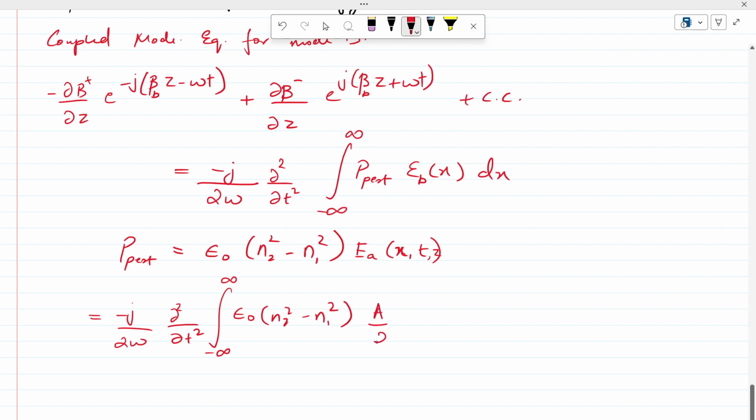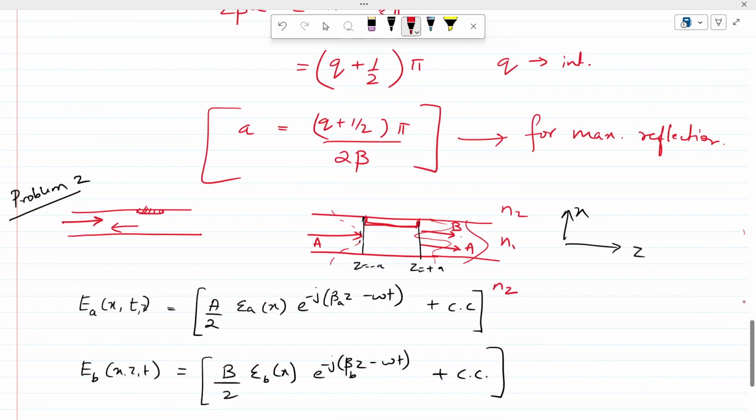EA is A by 2 E of x e power minus j beta a z minus omega t, into EB, which is B by 2 EB of x e power minus j beta b z minus omega t.